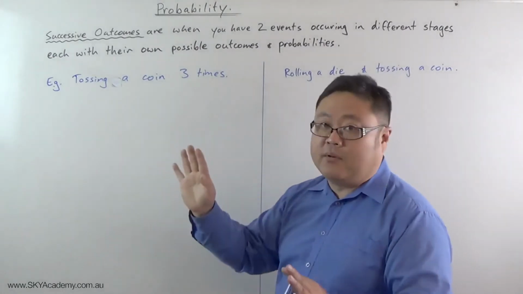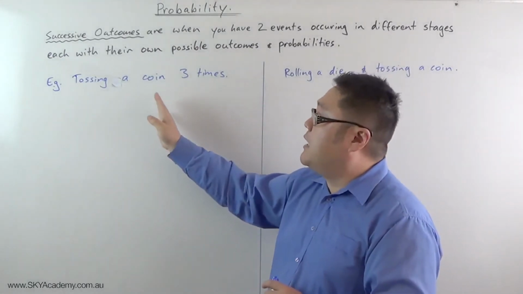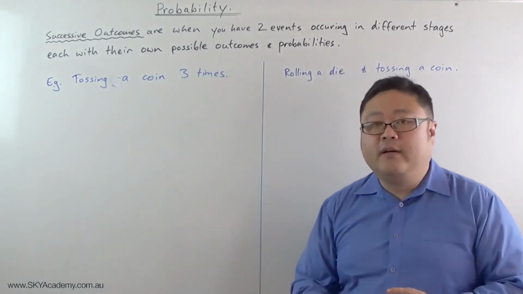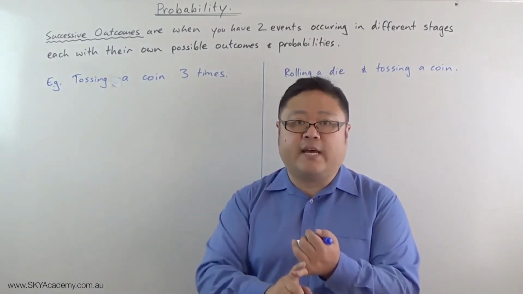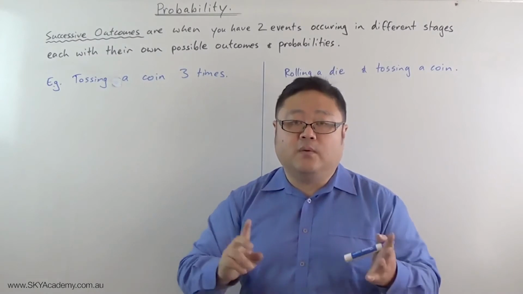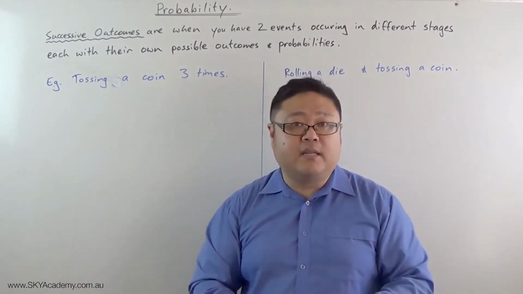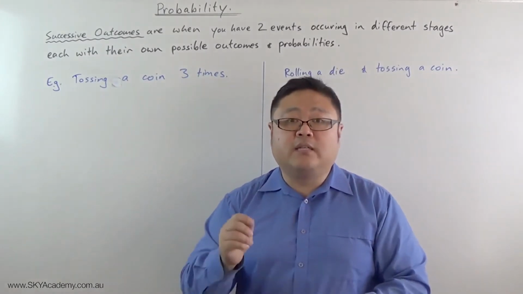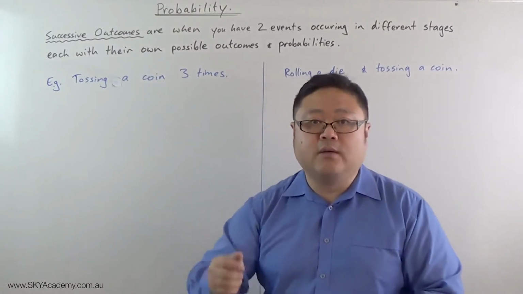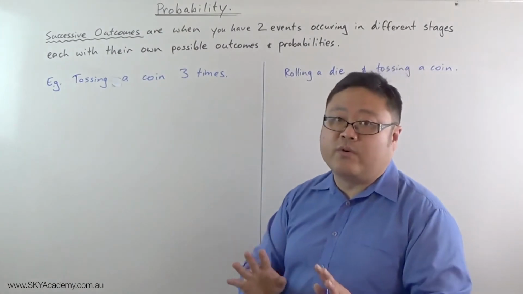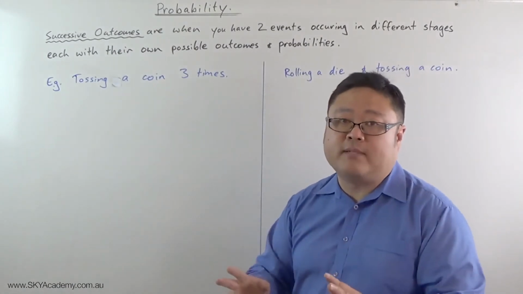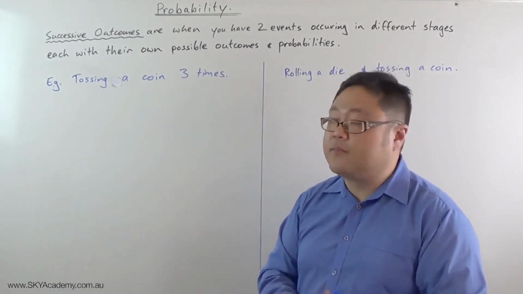A classic example is tossing a coin. If you toss one coin, it's either going to be a heads or a tails, right? To add a little bit more complexity, you can toss two coins or three coins. In this example, we're going to toss three coins, or toss the same coin three times, which has the same effect.